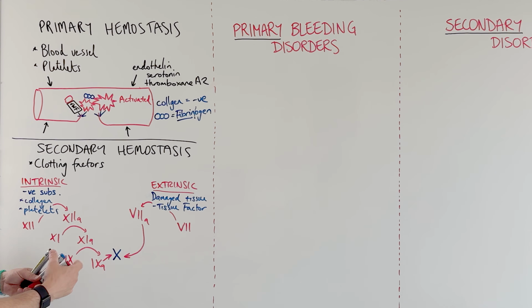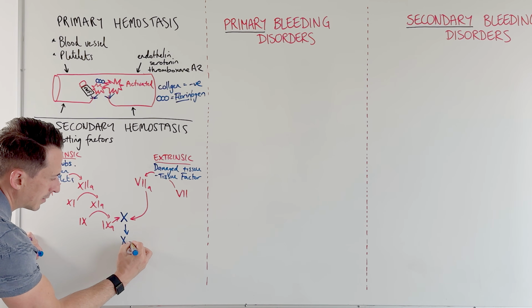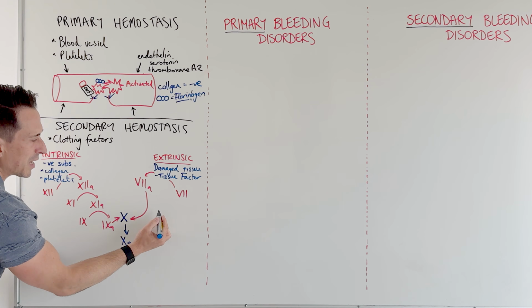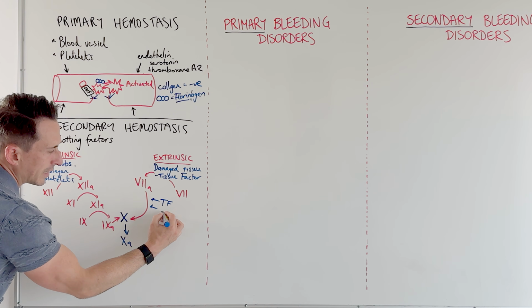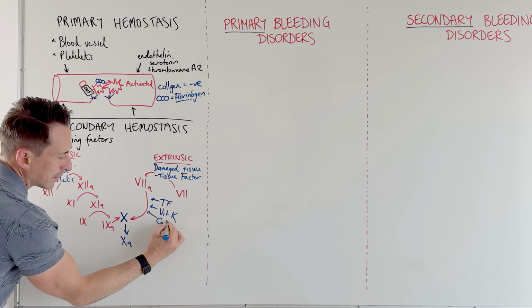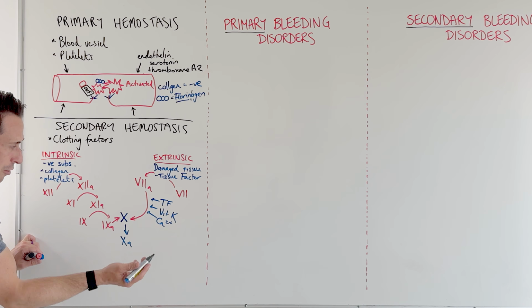Now, both are activating 10 in order to produce activated 10. But the thing is, they both need something to do it. So 7, like I said, needs that tissue factor, it needs vitamin K, and it needs calcium. 9 also needs 3 things.